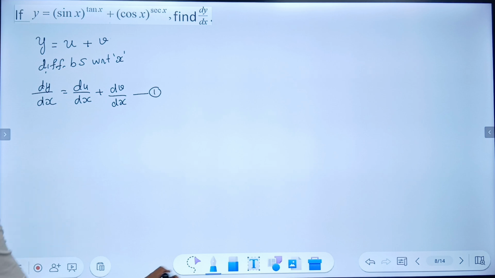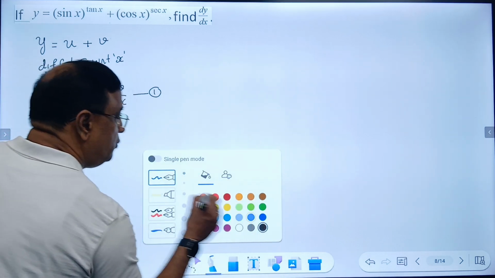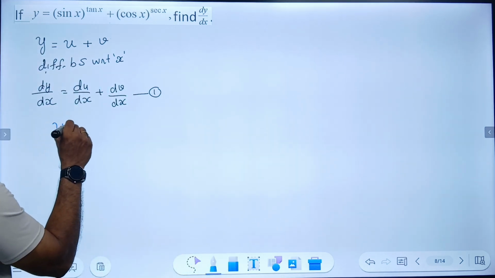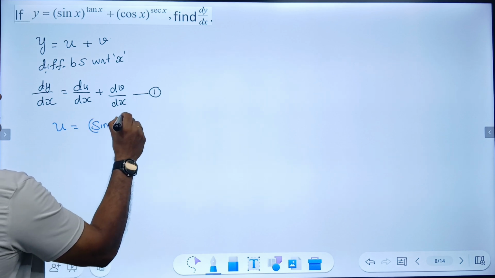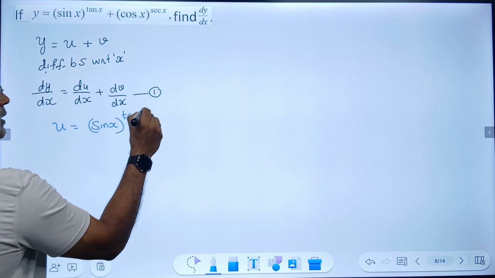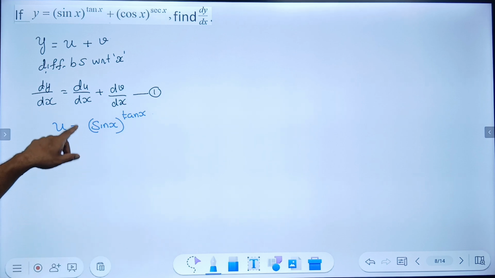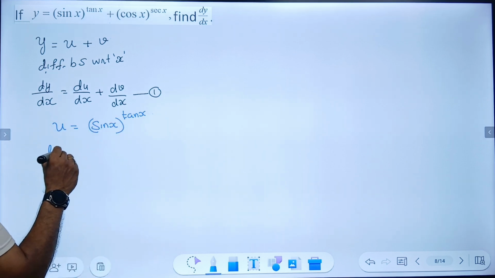Now I want to find du by dx and dv by dx. First I will go to u. My u is sin x the whole power tan x. It is variable raised to the power of variable, so take log on both sides.